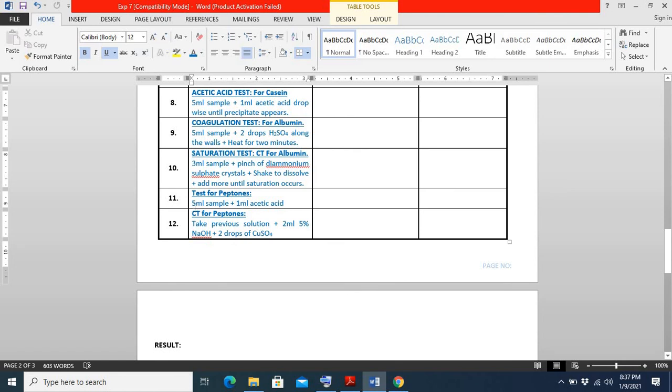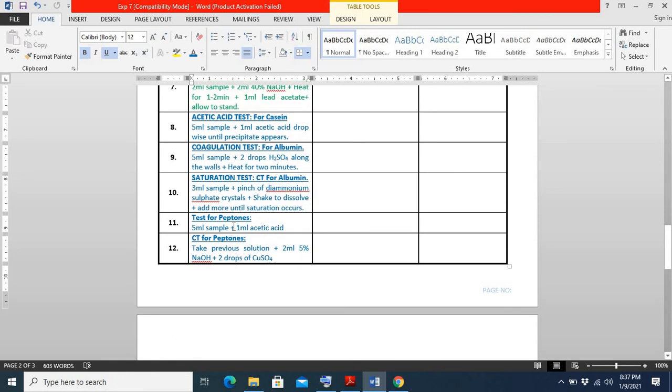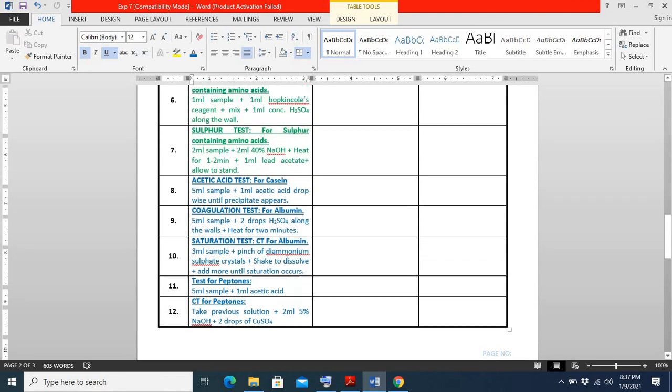For that, we add 5 ml of sample plus 1 ml of acetic acid. Whatever observation we get, we write here, and the result will be written here. After that we perform the confirmatory test for peptone, using 2 ml of 5% NaOH and 2 drops of copper sulfate.